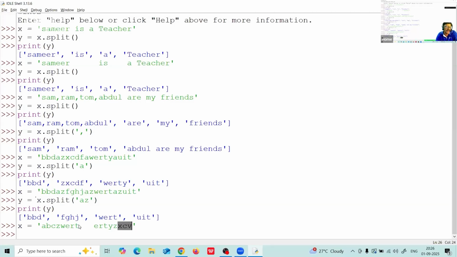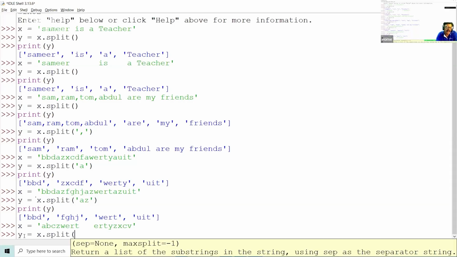But what if I want to split on space also? I want the delimiter, that is the decider, to be Z and space both. Then we may try giving something like X dot split, and I will say split on Z, comma, and split on space like this.